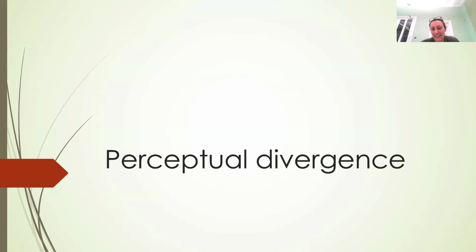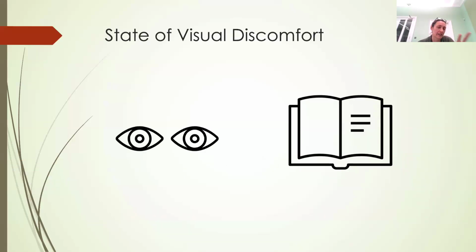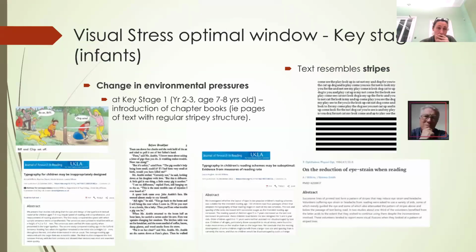This bit is where I think we need to go next. So looking at this state of visual discomfort, this one moment in time when a susceptible individual is looking at the page of text. When should we be doing this? I would argue that we should be doing it at key stage 1, because there's this change in the environmental pressure.